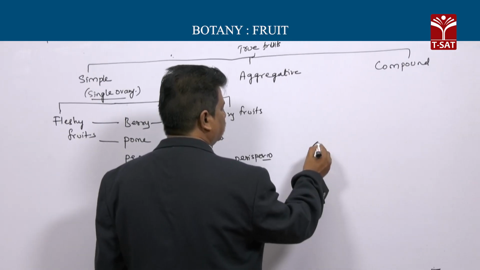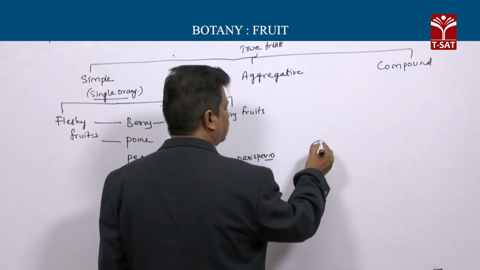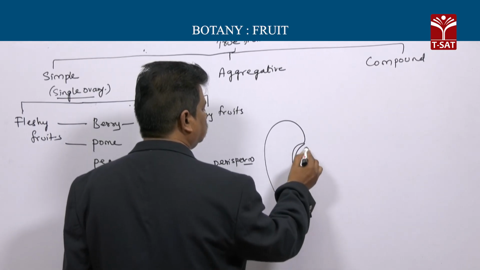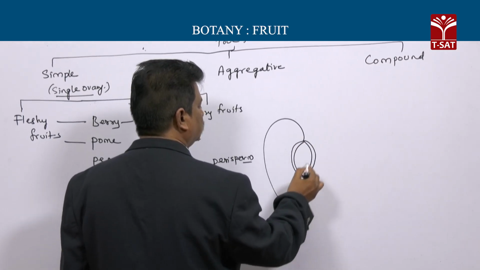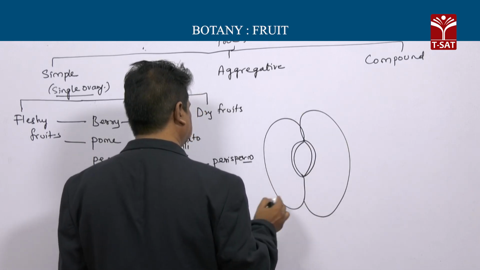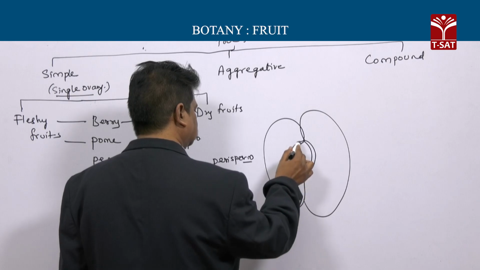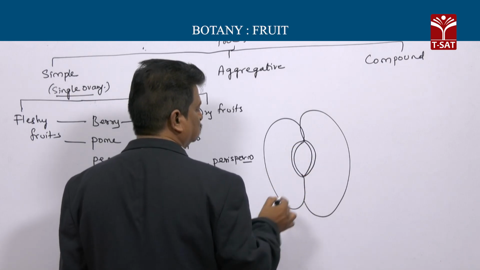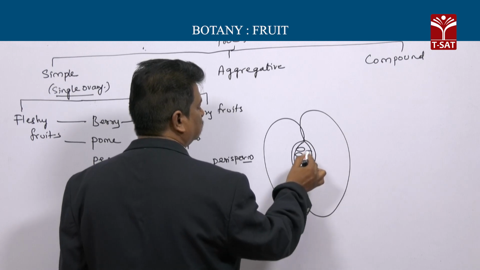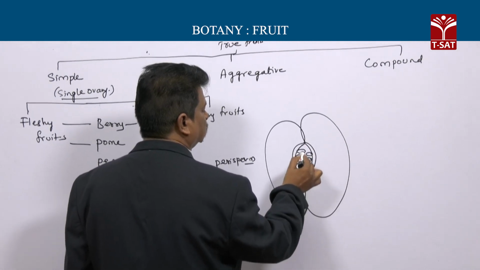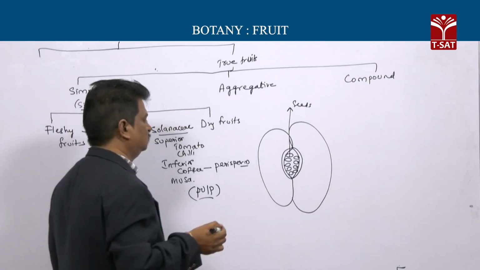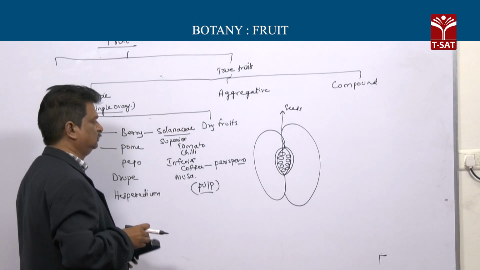Next one, pome. Pome fruit is developed from a bicarpellary or multicarpellary, syncarpous, inferior ovary. In pome, the true fruit is present at the center. The true fruit contains a hard pericarp and also seeds.